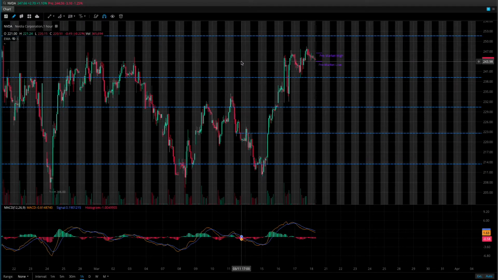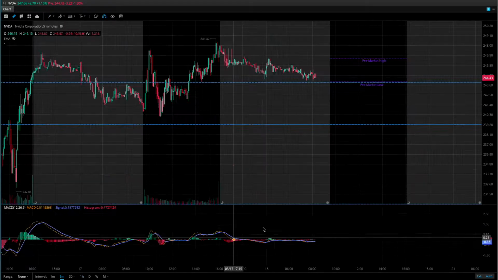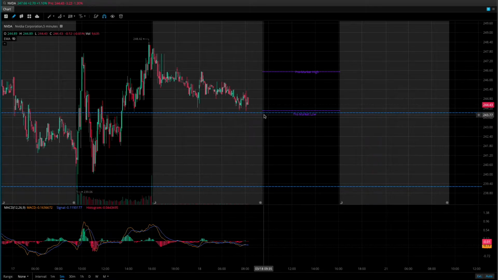If I zoom out some more, it seems like there was another level there and I missed it. So this is why it's good to zoom out as well and take a look at what happened in the past. And it's interesting because if we take a look, it's pretty close to our pre-market low. So that's actually a really good sign. This could be a put level.